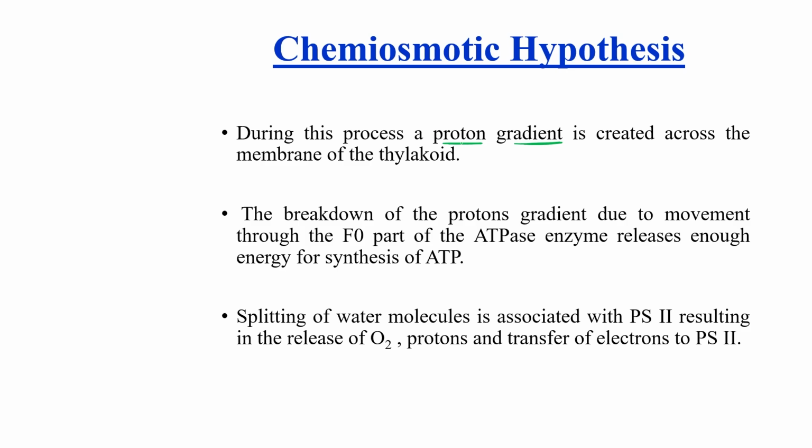This chemiosmotic hypothesis tells us that a proton gradient is created across the membrane of the thylakoid, and the breakdown of the proton gradient occurs due to the movement through the F0 particle part of the ATPase enzyme, which releases enough energy for the synthesis of ATP.